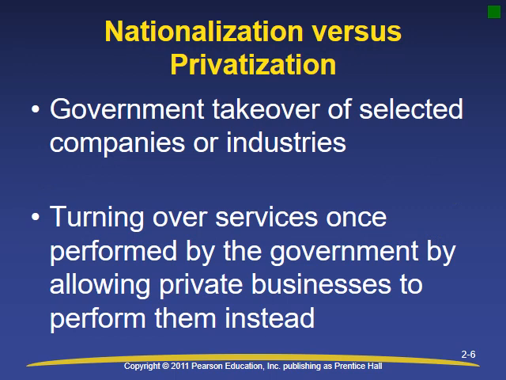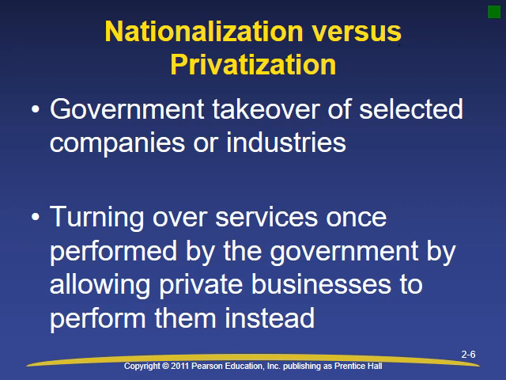Here, we look at nationalization versus privatization. Governments can change the structure of the economy by nationalizing. That is, when they assume ownership of selected companies, or in extreme cases, even entire industries. They also move in the opposite direction, privatizing services once performed by the government by allowing private businesses to perform them instead.